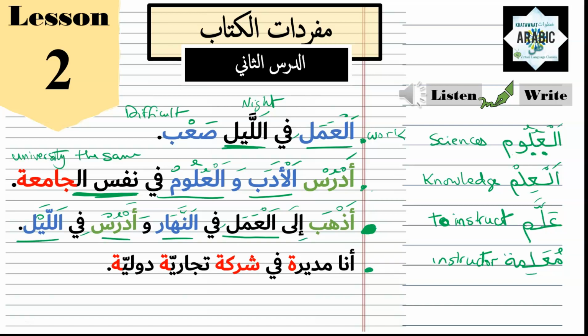So now let's move on to this. أنا مديرة. أنا مديرة في شركة تجارية دولية. So these two words, we don't have them in this unit, as well as the word شركة, but we have the feminine. So أنا مديرة. مديرة. I am a director. CEO, boss. So all of these would be referred to as mudir. Mudir for masculine.